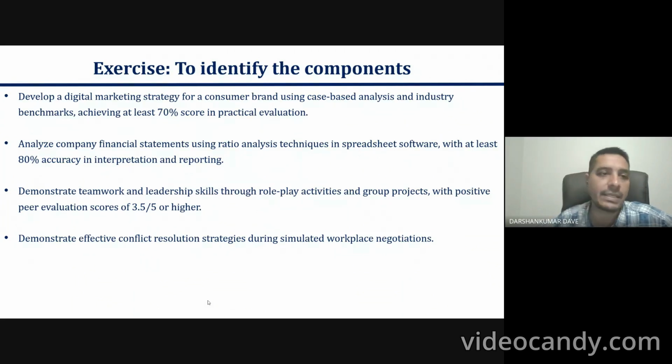Take 5 minutes and please go. Identify all the 4 parts. Let me know if you are done.